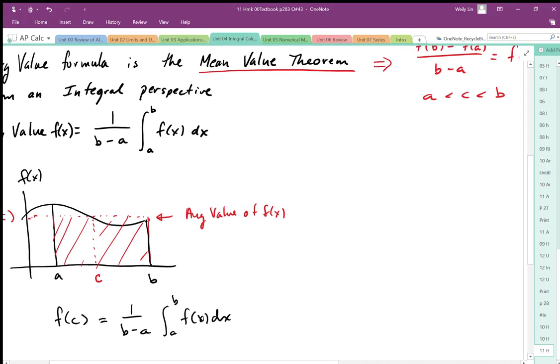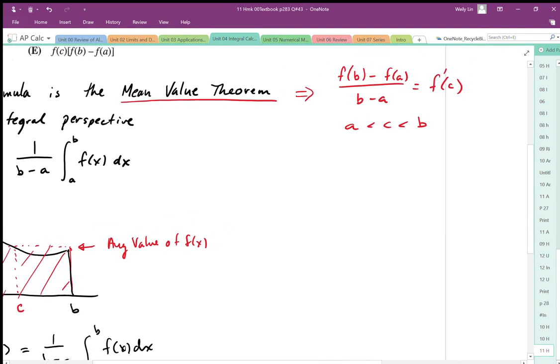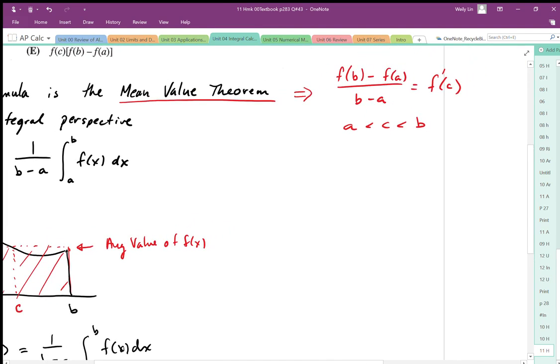Okay, so how does this connect to the mean value theorem? Well, if we take a look at the mean value theorem from the antiderivative perspective, instead of using f, I'm just going to use big F. Big F of b minus big F of a, divided by the run, is going to be equal to the slope at some point c.